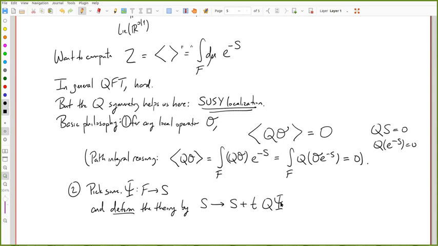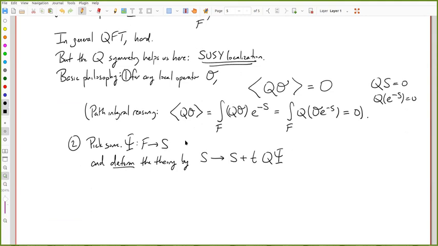And let's think about what's the effect of this deformation. Well, to understand how this deformation acts, we could ask what's the T derivative of the partition function?